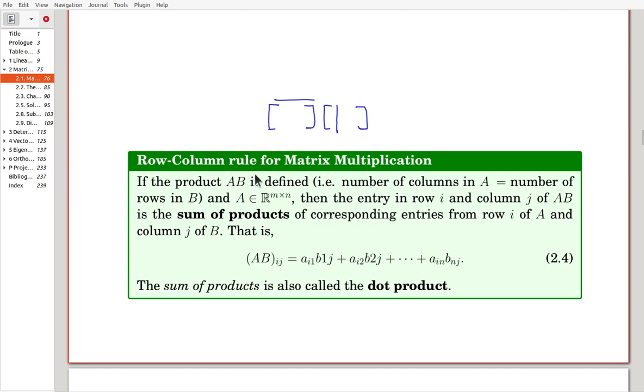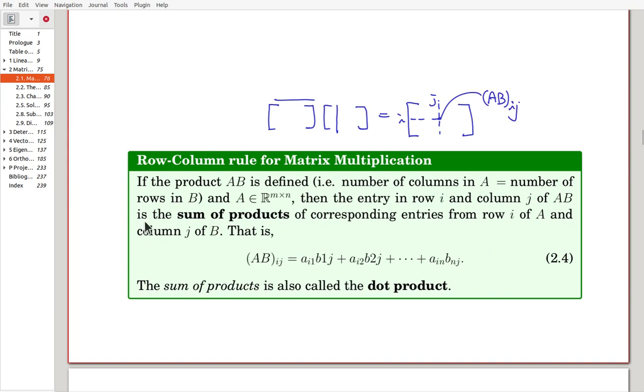And now, A is m by n, then the entry in row i and column j of AB, so after the product we have AB, now we are considering the ij position, that is the ith row and the jth column. Then this entry will be (AB)ij. Right?